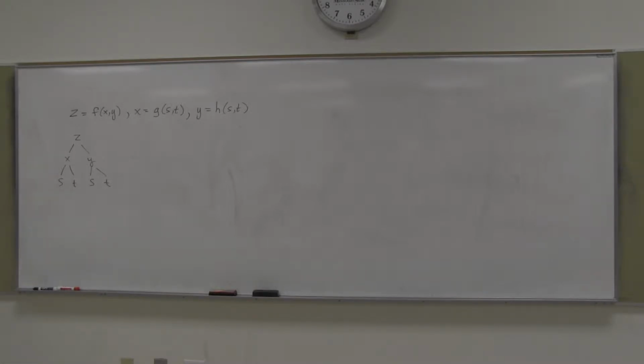All right, so let's think about what makes sense here as far as derivatives go. There are two paths here to s, and two paths, if you will, to t. And so we can think of both the derivative of z with respect to s, and the derivative of z with respect to t.